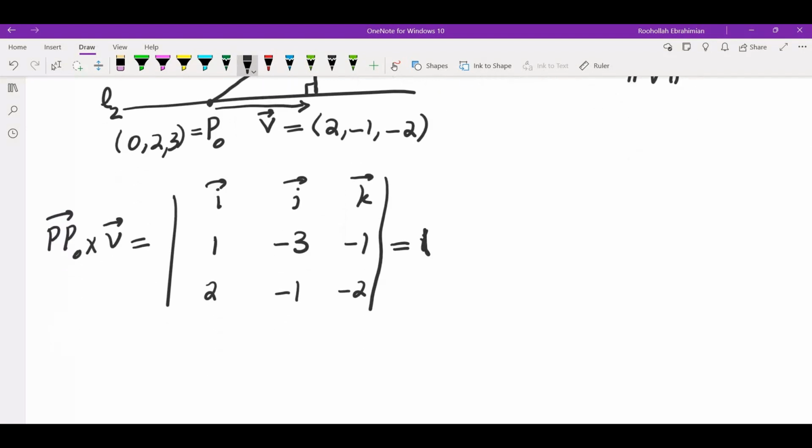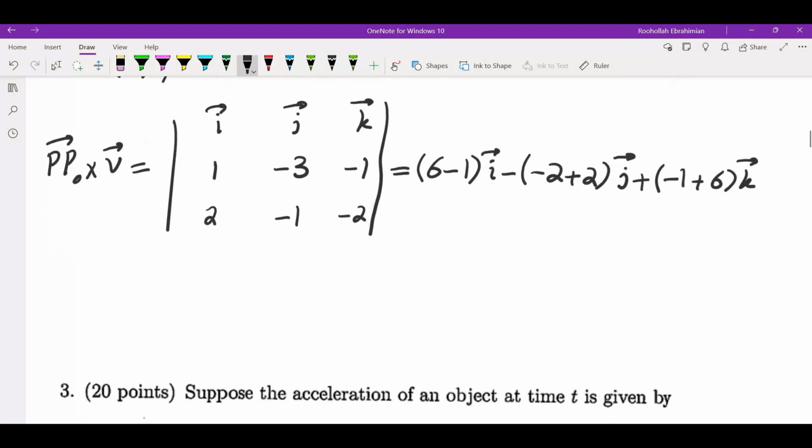We'll find the cross product of these two by eliminating the first column and first row. We get (6 minus 1)i minus (2 plus 2)j plus (negative 1 plus 6)k.